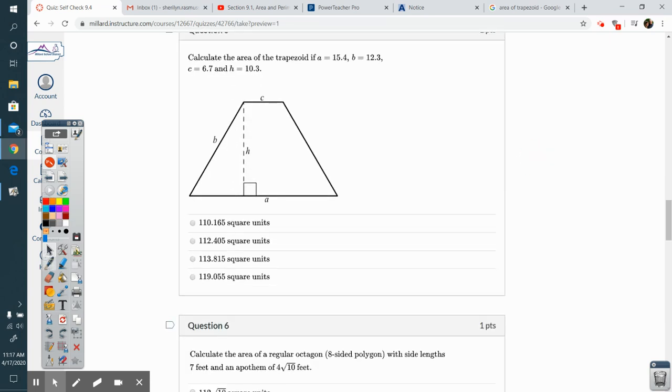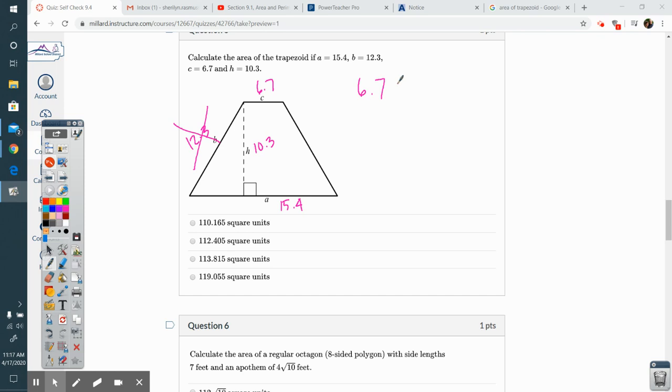Calculate the area of a trapezoid if, this is the information it gives us, A is 15.4, B is 12.3, C is 6.7, and height is 10.3. Again, this is extra information because it's one of the slants. So we want the bases. We want the ones that are parallel to each other, the ones that you add together.